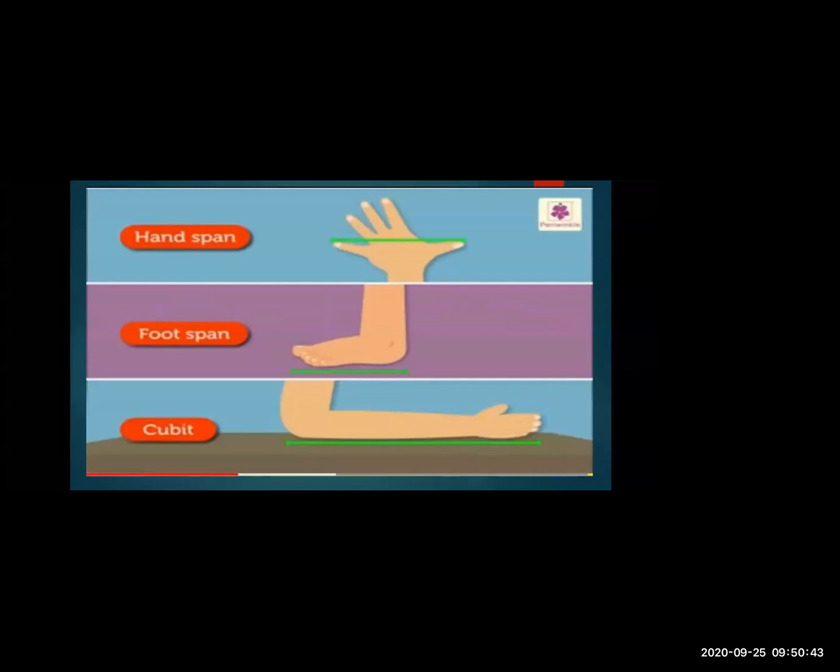So there will not be accuracy after measuring the things with the help of hand span, foot span, and cubit, so the standard measuring devices have been introduced. Because there was variety in measurement.